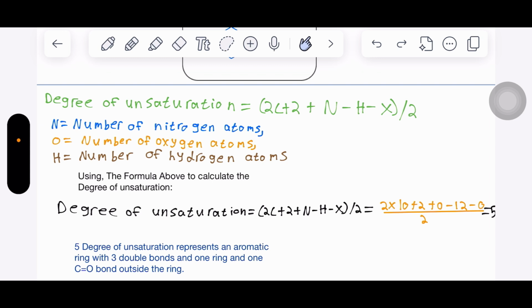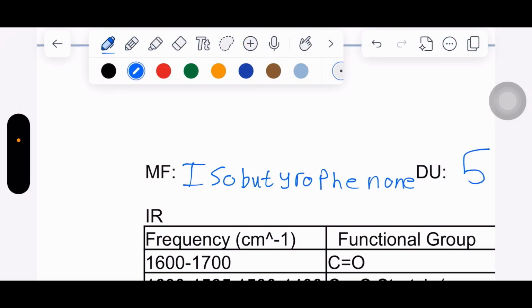So I got 5. All in all, in summary, it will be 5 degrees of unsaturation, represented as an aromatic ring with 3 double bonds in one ring and 1 carbon double bonded to an oxygen outside of the ring.